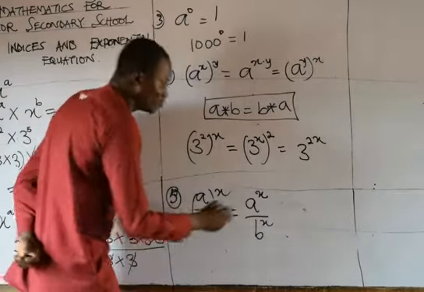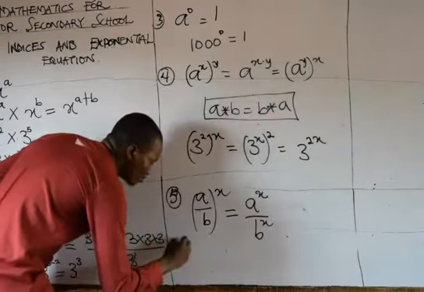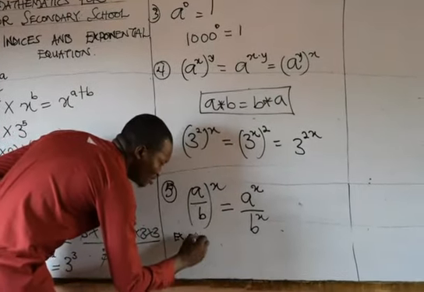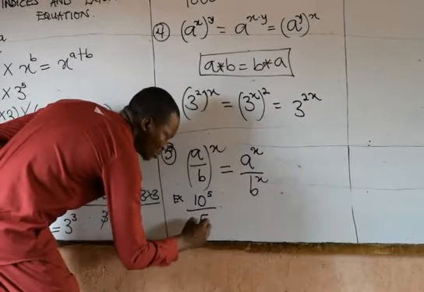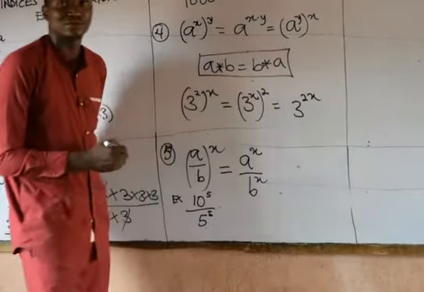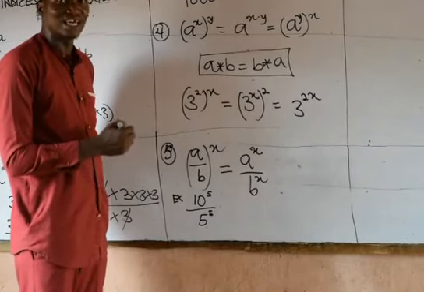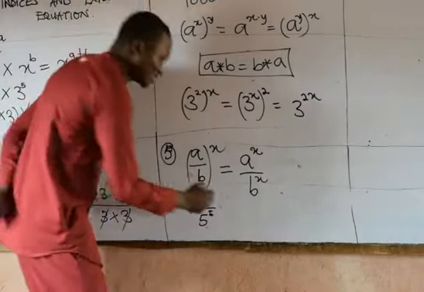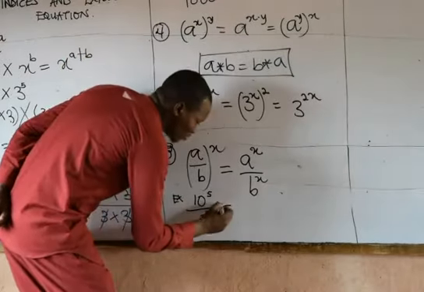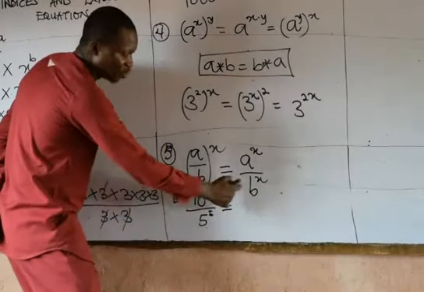Let's pick an example. When we have 10 raised to the power of 5 divided by 5 raised to the power of 5, can you tell me what the answer is? Yes, you are correct. 2 raised to the power of 5. How? We follow this law.